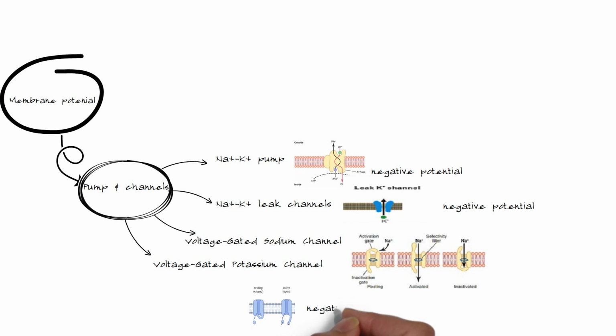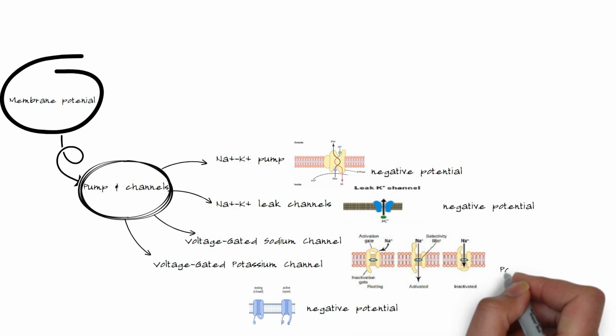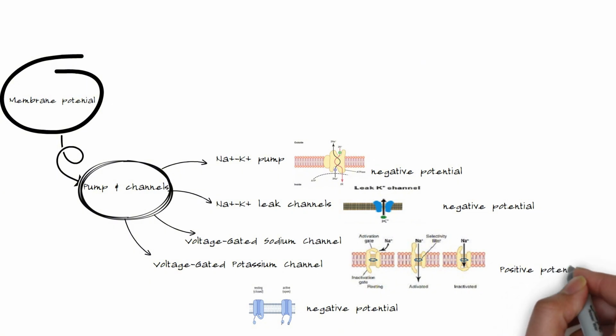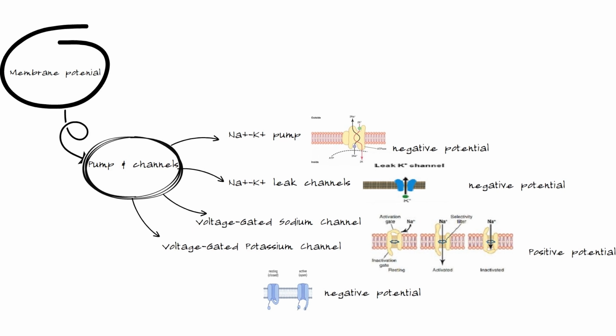The sodium-potassium pump and leaky channel are responsible for maintaining the resting membrane potential, while the voltage-gated sodium channel is responsible for initiation of the action potential, and the voltage-gated potassium channel is responsible for the ending of the action potential, which we are going to talk about next.